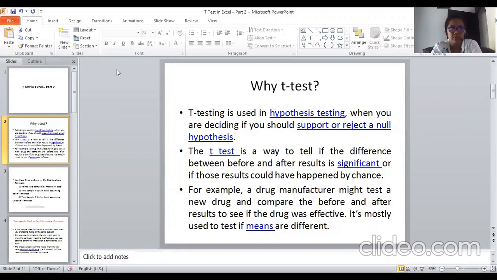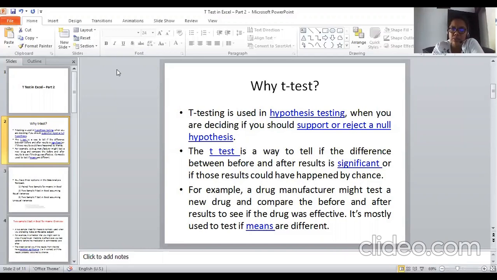For example, one scenario where you can use the t-test is this: a drug manufacturer, that means a medicine manufacturer, might test a new drug and compare the before and after results to see if the drug is effective. Suppose they take a sample of 10 patients who have high blood pressure, and they are going to control their high blood pressure using this medicine.